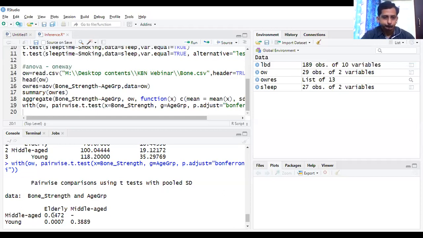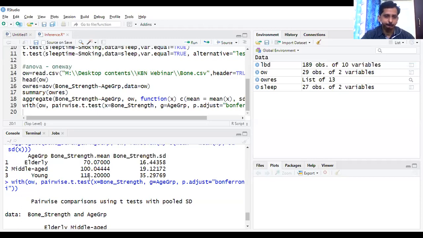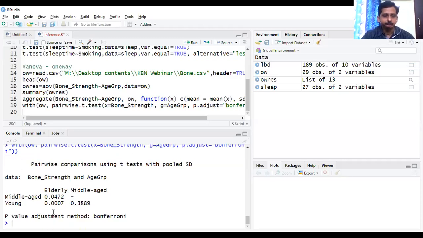Whereas young versus elderly, this is 70 and 118, a difference of around 38. The p-value is 0.0007. This clearly shows that 0.0007, when compared to the divided alpha rate of 0.0133, signifies that yes, a true mean difference exists between the elderly and young age groups with respect to bone strength.